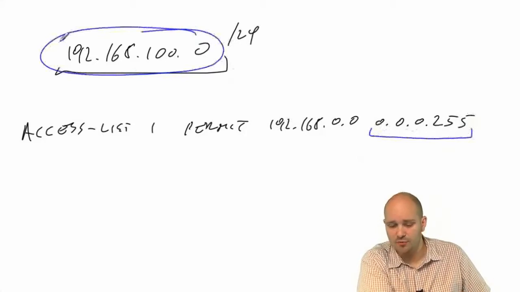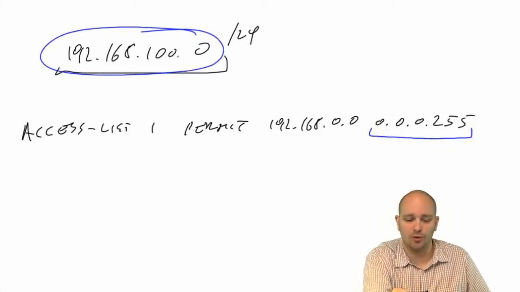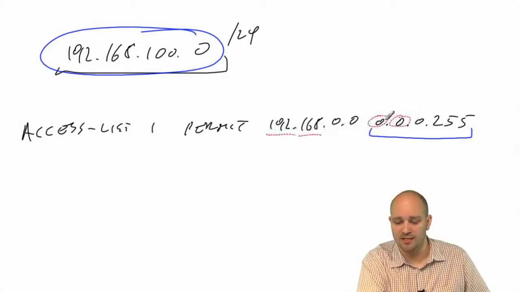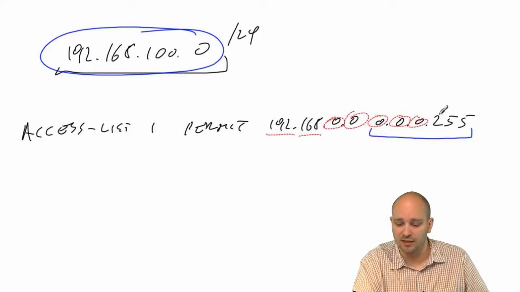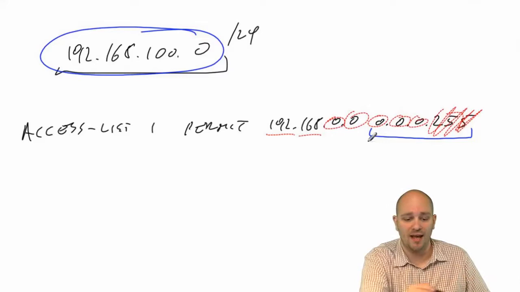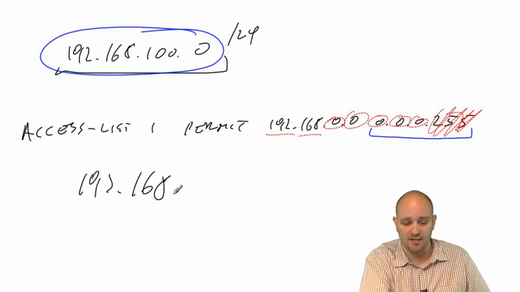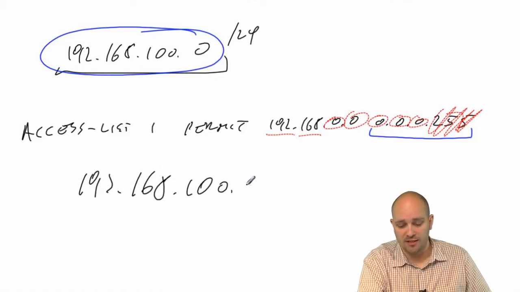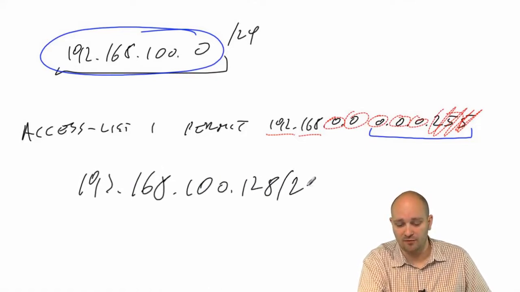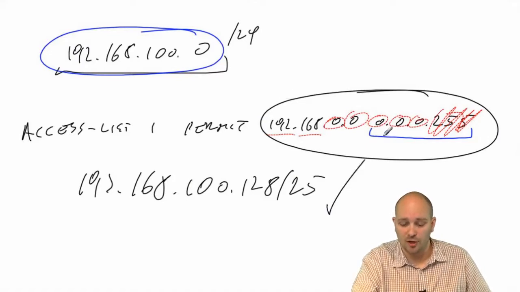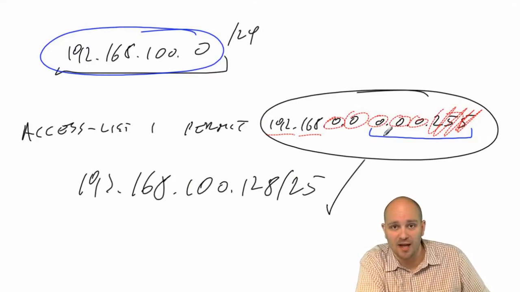But when used as a route filter, what we are saying with this configuration is that this octet needs to match exactly, this octet needs to match exactly, this octet here needs to match exactly, but for this octet here, we don't care what we have, which means that if you had in your routing table route 192.168.100, say 128/25, this access list as written like this would actually permit this to be advertised.